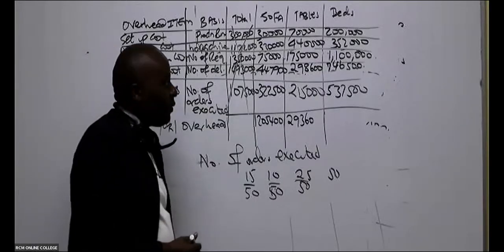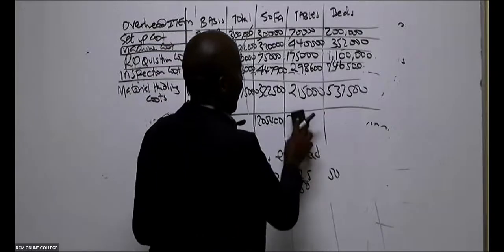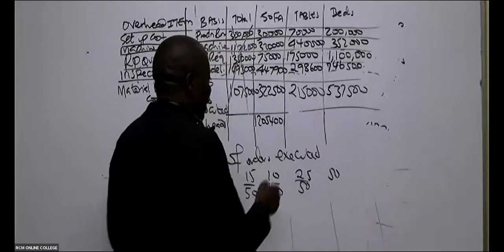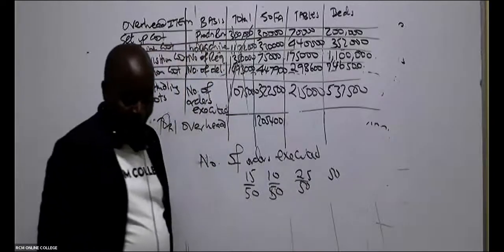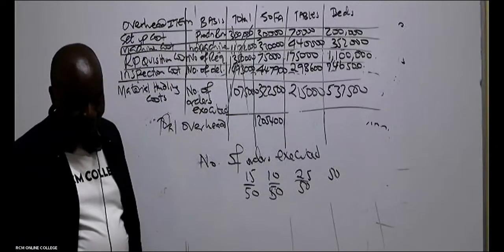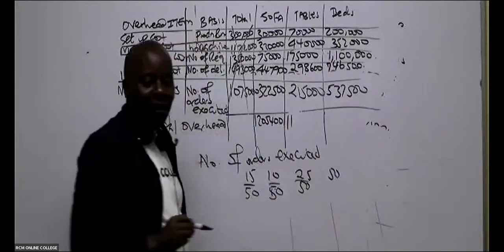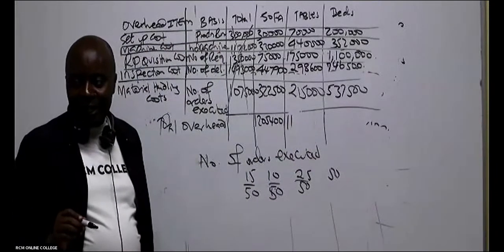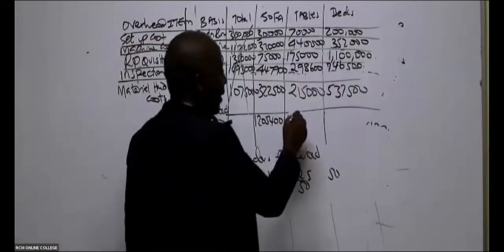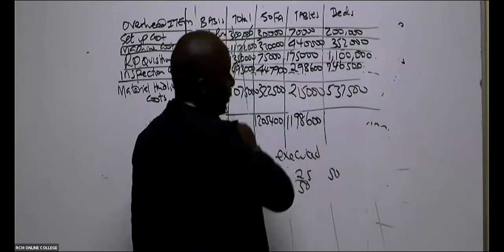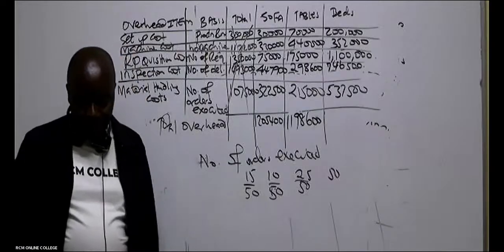This is supposed to be 11? So 11, 9, 8. Can somebody confirm that figure is correct?